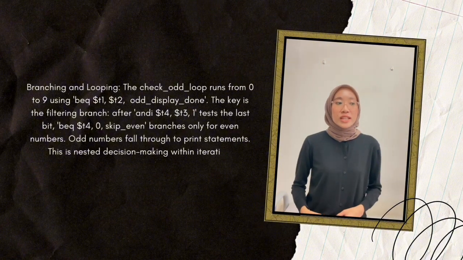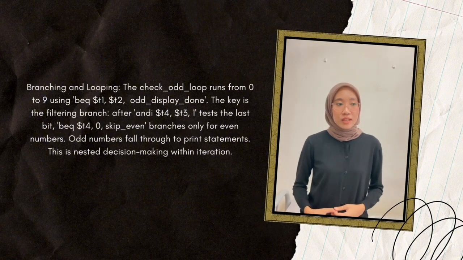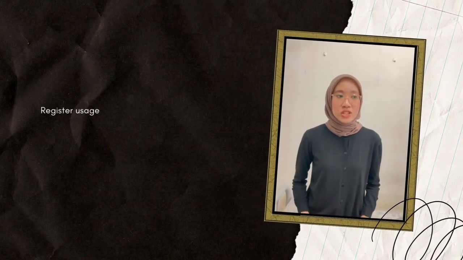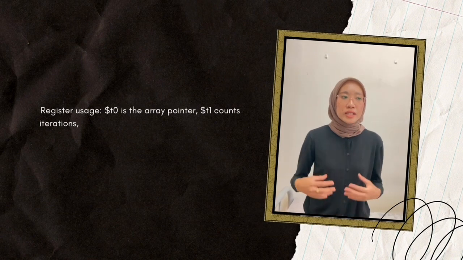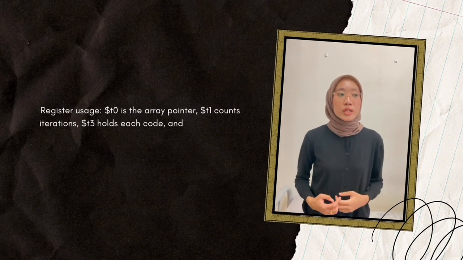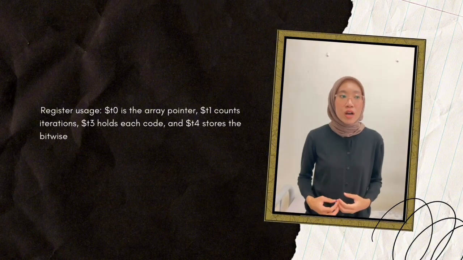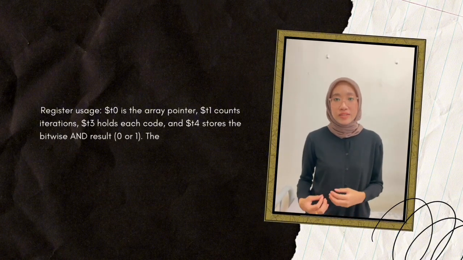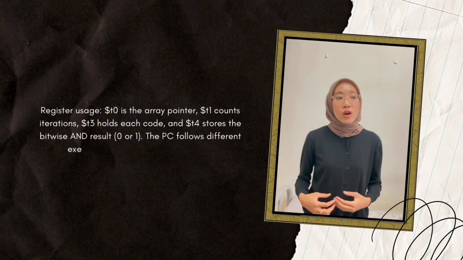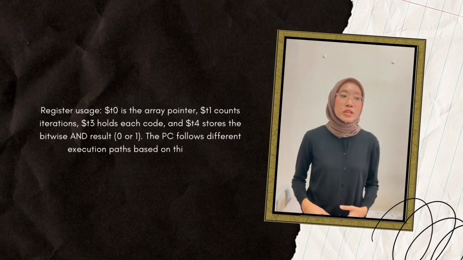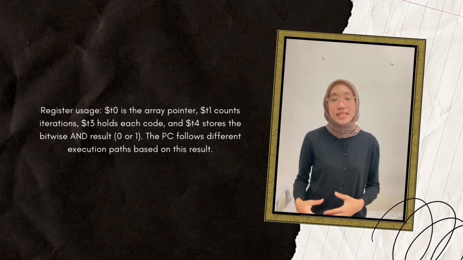Register usage: T0 is the array pointer, T1 is the count, T3 holds each code, and T4 stores the bitwise AND result, 0 or 1. The PC follows different execution paths based on this result.